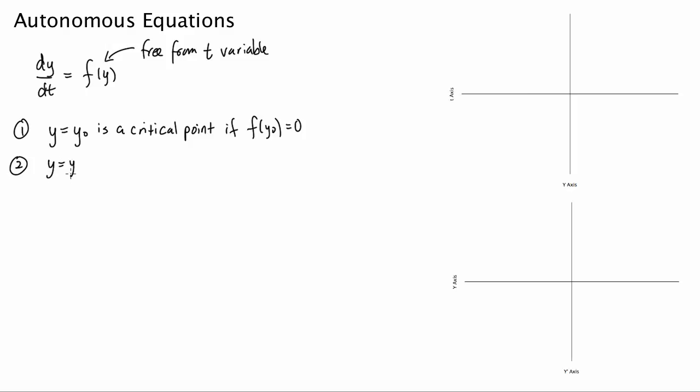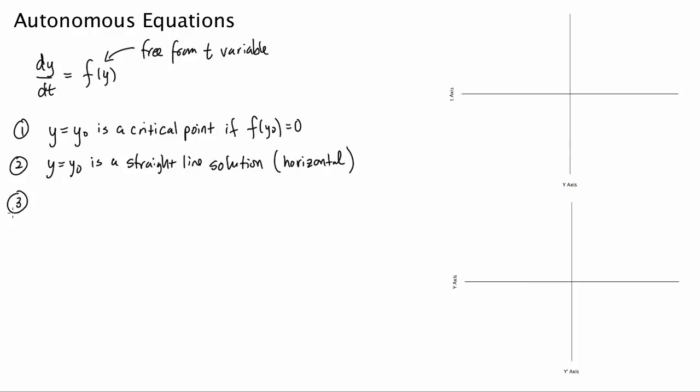In this case, y equal to y naught is always going to be a straight line solution. Not only is it going to be a straight line solution, but it's going to be a horizontal straight line solution, which means it's going to break the plane up into sort of these parallel regions. We're going to see an example of that here in a second. So if I have a critical point, that critical point is a straight line solution.